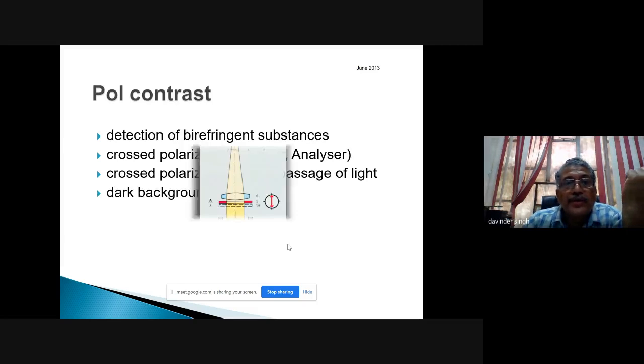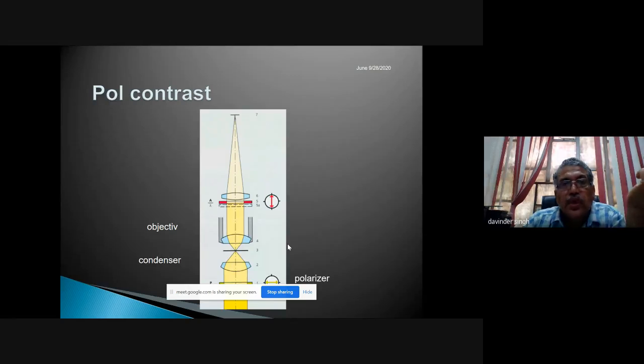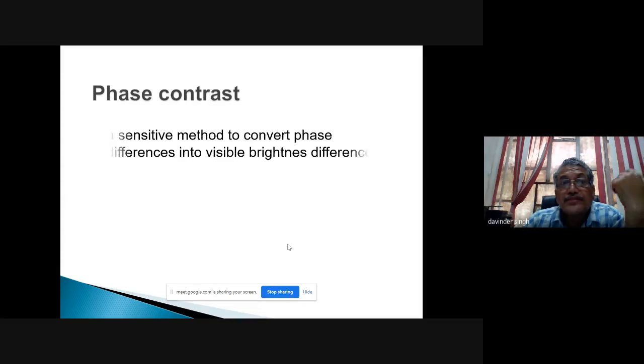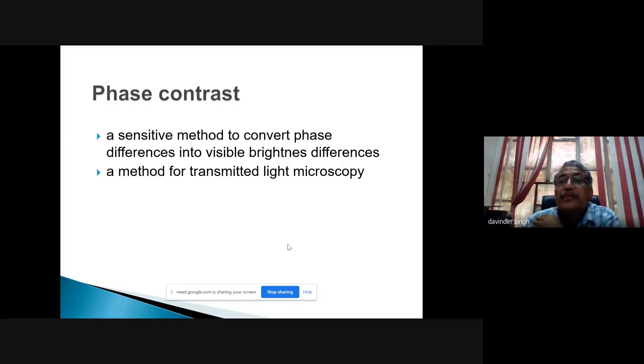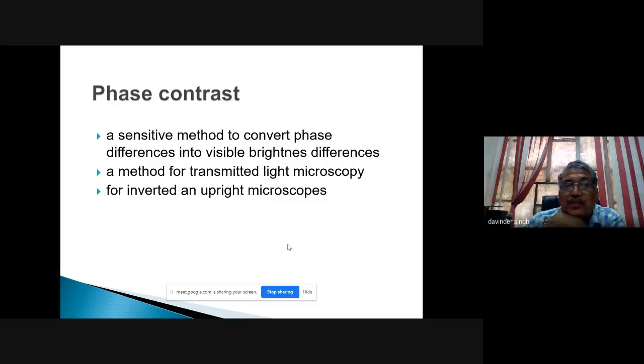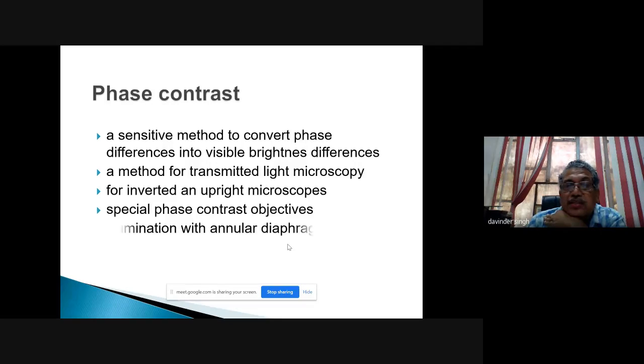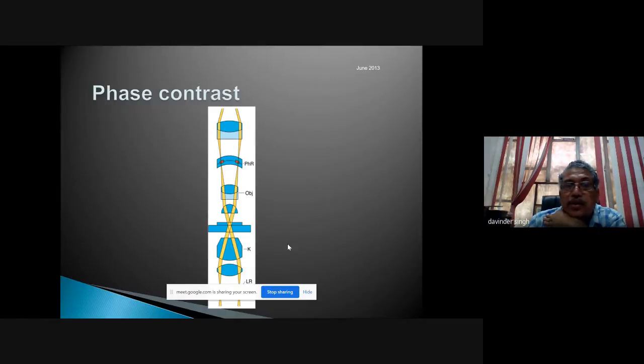So I think you can go. Just the polarized light and phase contrast, a sensitive method to convert phase differences into visible brightness differences. Okay, so a method for transmitted light microscopy, and for inverted and upright microscopes, generally we have this type of contrast, illumination with angular diaphragm. Okay, so this is one type of idea.